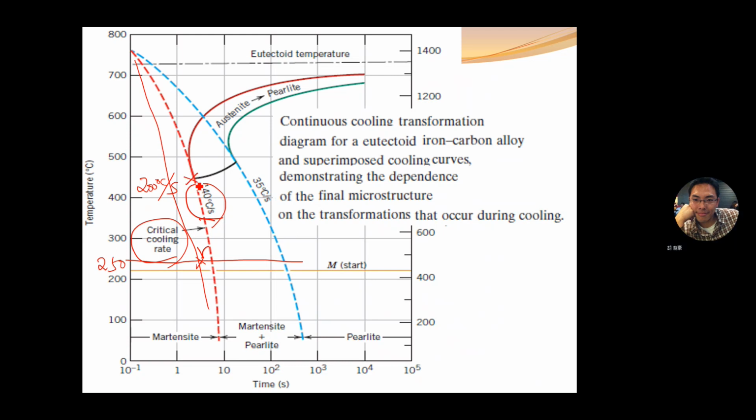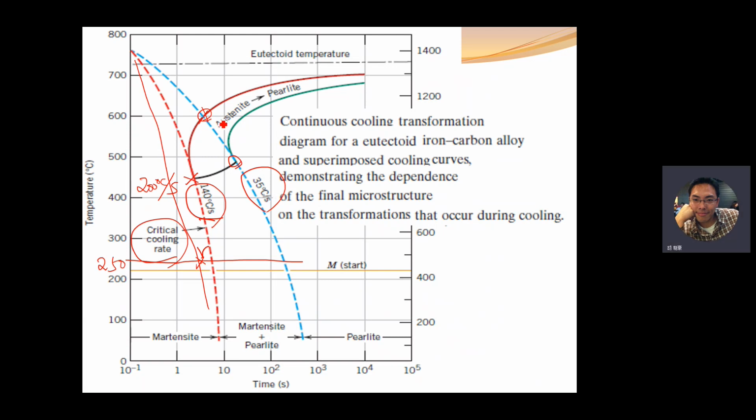So if my cooling rate is 150 Celsius per second, the pearlite will start to form. And if the cooling rate is 35 Celsius per second, this blue dotted line, the pearlite will start to form at this moment and finish at this moment.